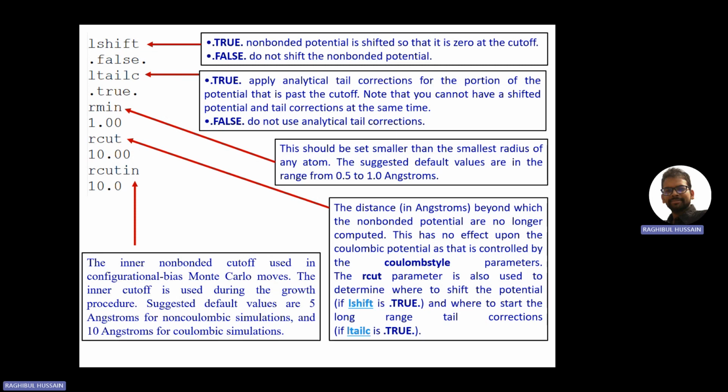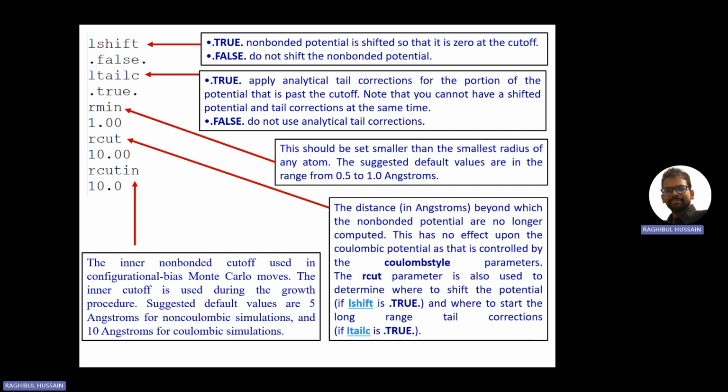After that, whatever contribution is there, we are putting in the tail correction. So this variable is clear. It should be smaller than any atom. By default, it is 1 angstrom, so you do not have to change this line. Take R mean equal to 1 angstrom.